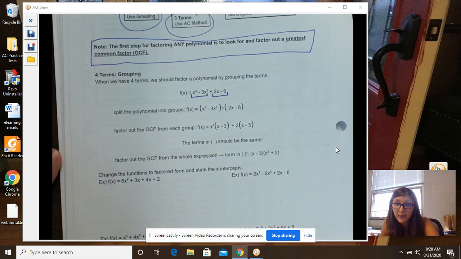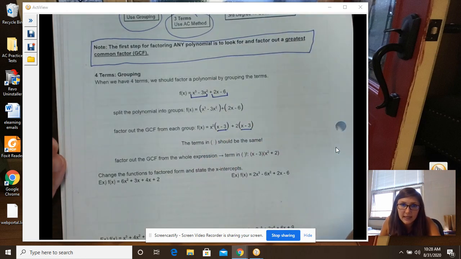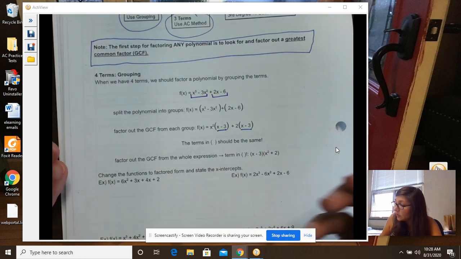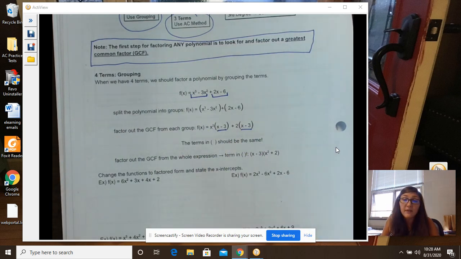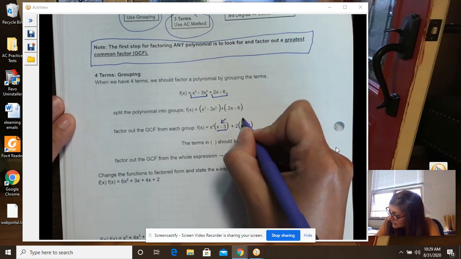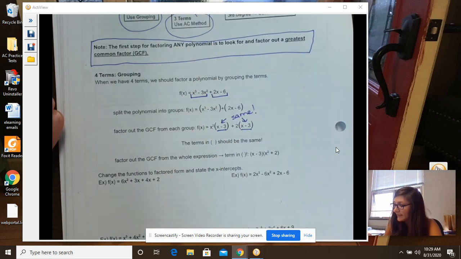Now, when you're factoring by grouping, this stuff in parentheses should always be the same. If it's not, you need to go back and double check that you actually did pull out the whole GCF and that you divided it out of those terms correctly. So what you should get every time you factor by grouping is that these guys are the same. Okay, that's what we want to see.